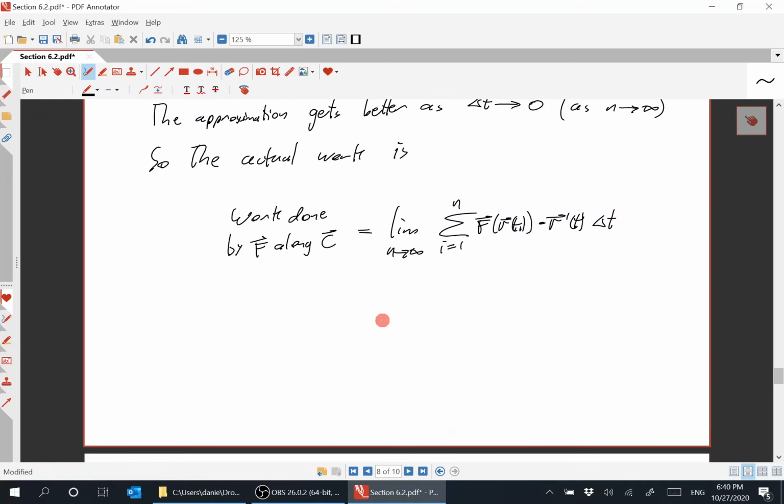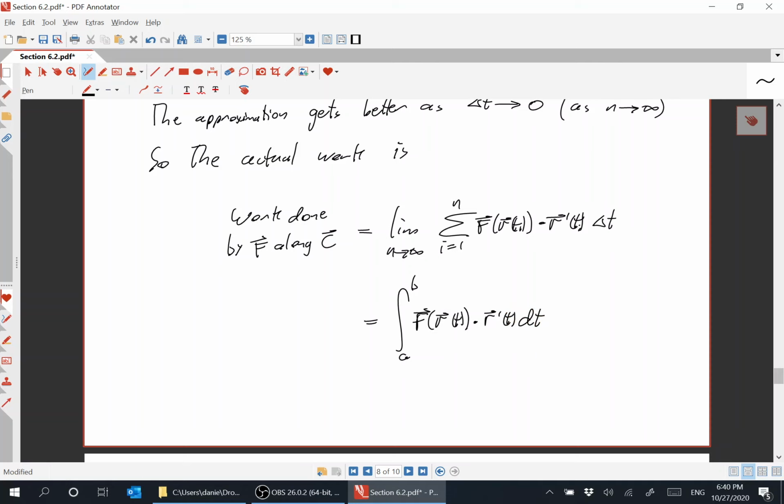But this is equal to an integral because it's a function with respect to t. The dot product of two vector functions gives you a scalar function with regard to t. So that's the integral from a to b of this scalar function, which is the dot product of capital F dot r prime of t dt.